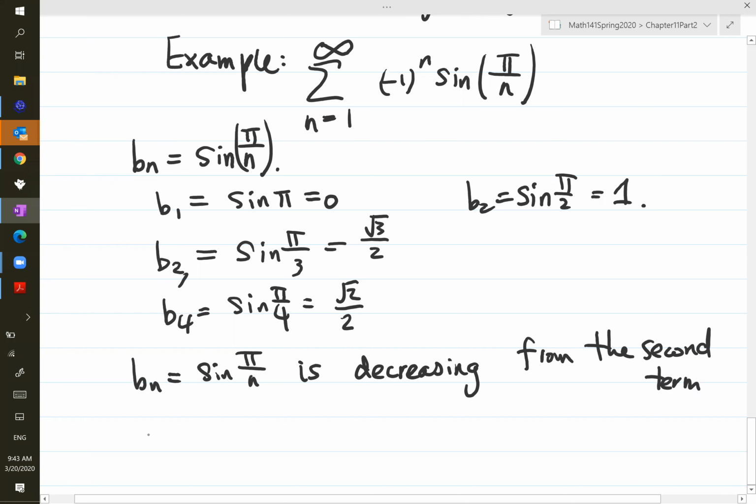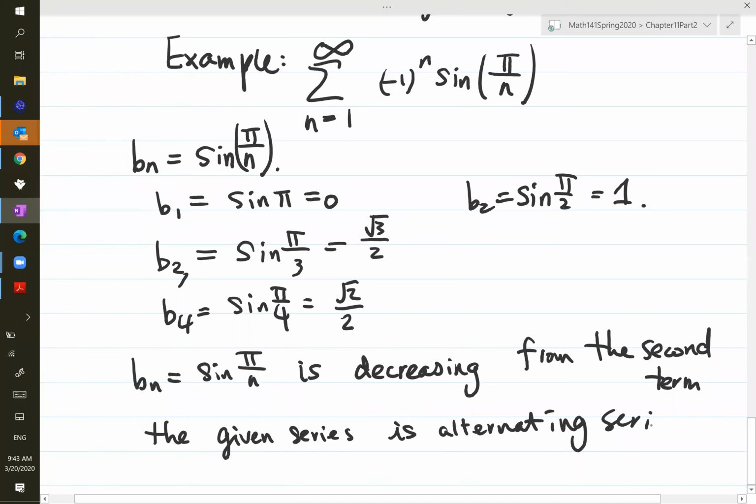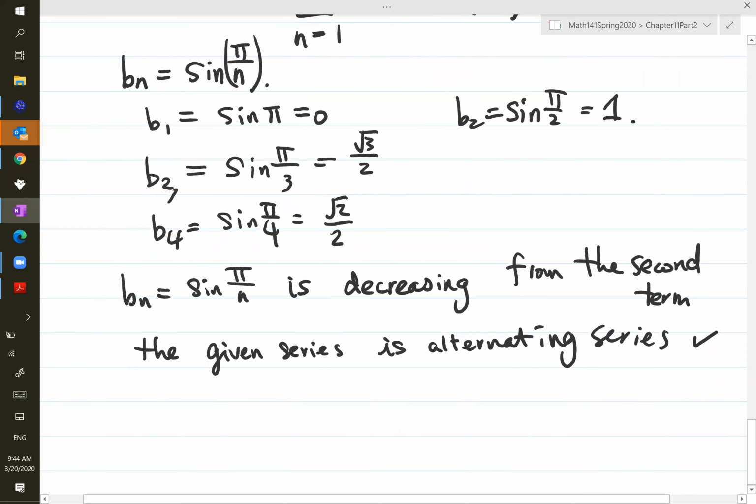Now, of course, the given series is alternating, because we have the factor (-1)^n. And we also check the limit of bn, the limit as n approaches infinity of sine pi over n.